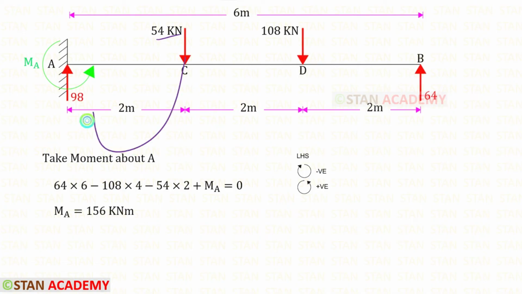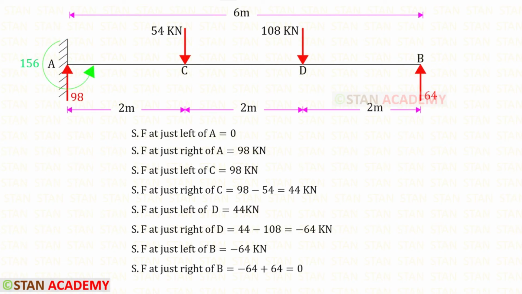This load is acting in the clockwise direction, so it is also negative, and the distance is 2. Let us assume that MA is acting in the anticlockwise direction, so it will be positive. Finally, for MA, we will get a positive value. That means our assumption is correct. MA is acting in the anti-clockwise direction.